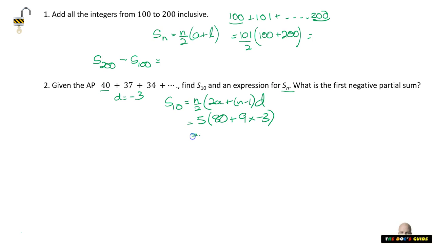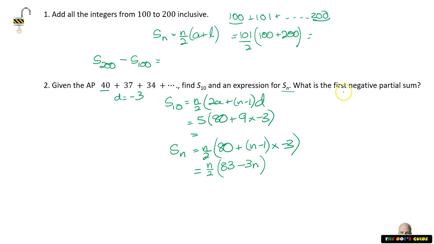So we evaluate that number. An expression for Sn just means that we take our equation up above, n on 2, we put in our values for 2a, so 80, and n minus 1 times minus 3, and we simplify that.